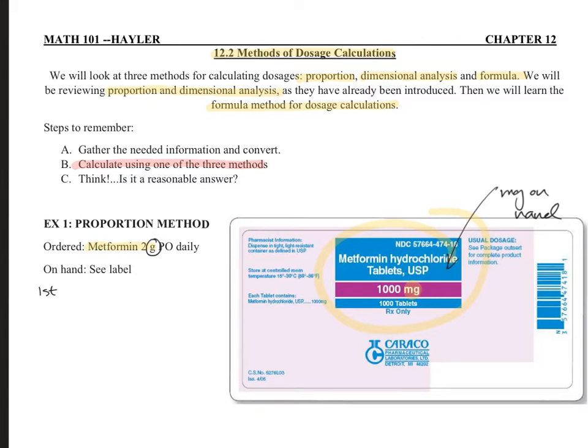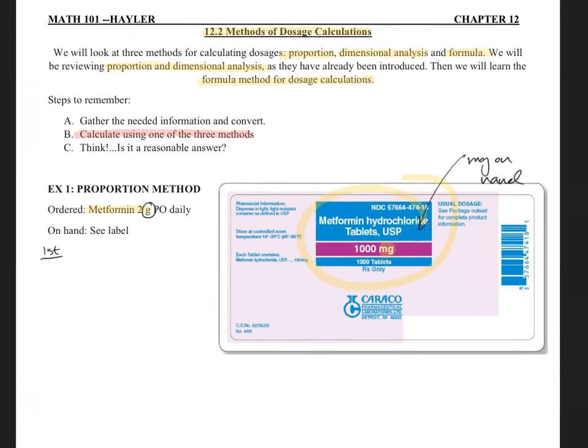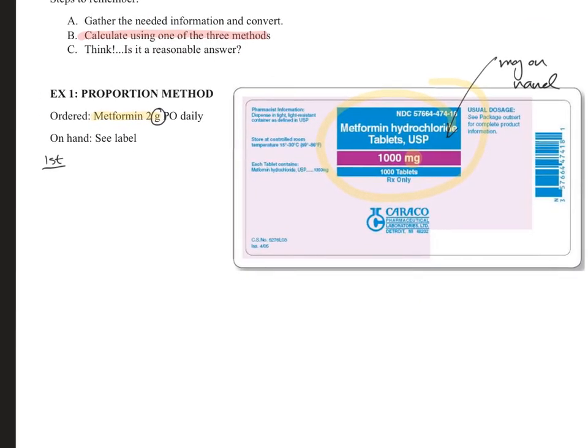Okay, so let's go ahead and do that using the proportion method, which we do a lot. So what is our conversion factor? Well, we're going from grams to milligrams, so our conversion factor we're going to use is 1 gram equals 1,000 milligrams. We can set up our proportion with D as the dosage that we're looking for, over 2 grams, and we're trying to figure out how many milligrams.